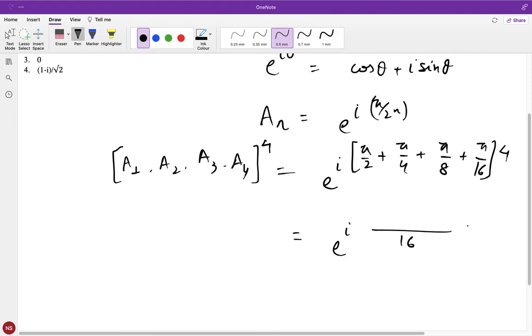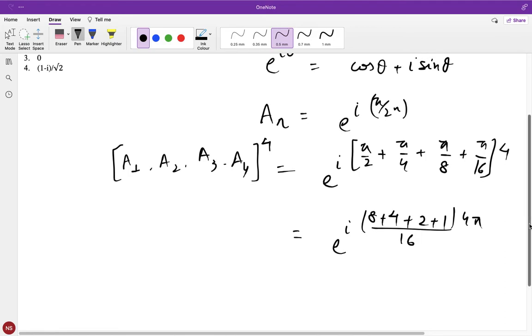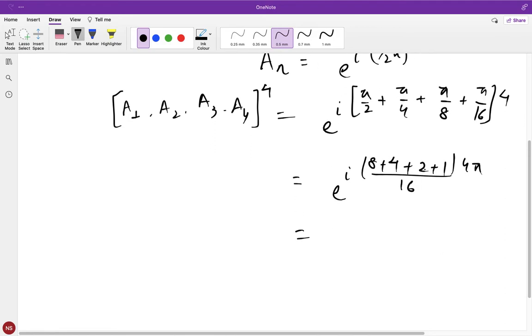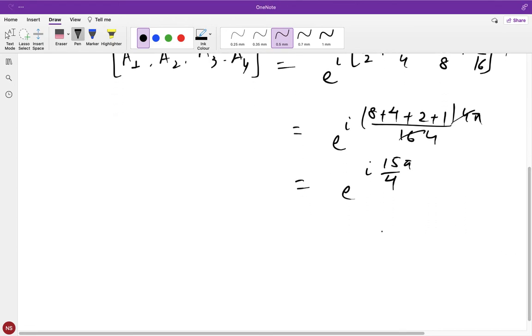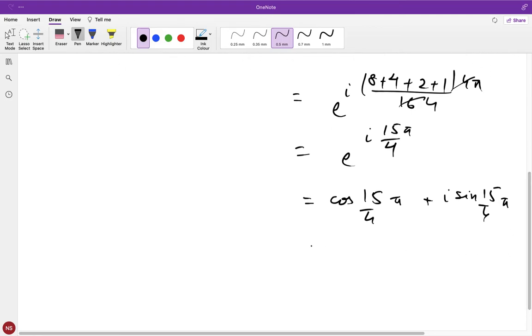LCM is 16, take 4 and pi outside. 8 + 4 + 2 + 1: 8 + 4 is 12, plus 2 is 14, and 1 is 15. So 15 pi, and cancel this, 15/4 pi. So write it as cos(15 pi/4) + i sin(15 pi/4).